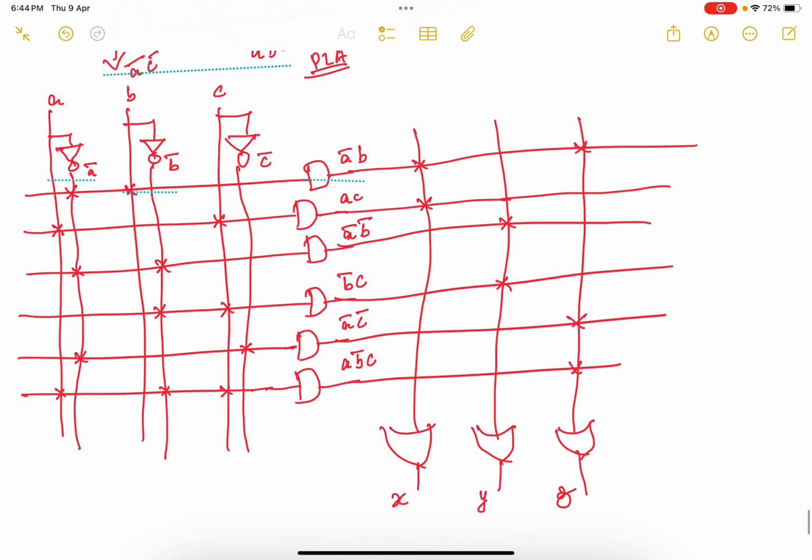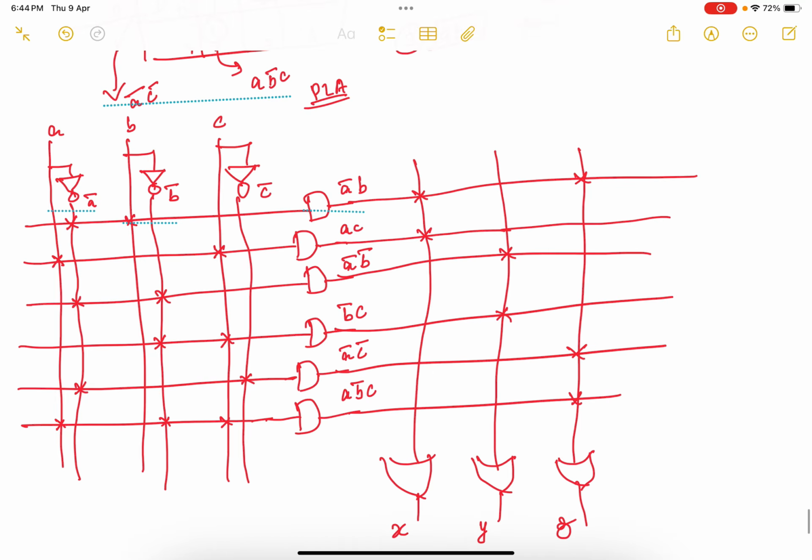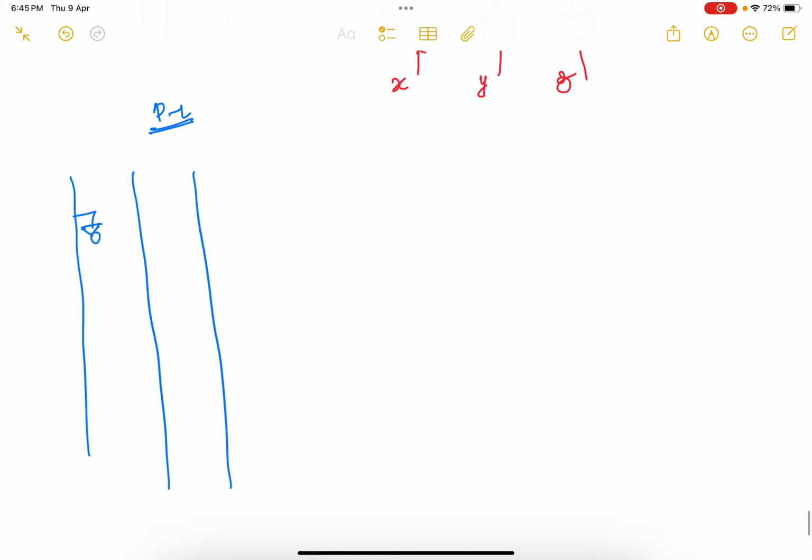So I will be replicating the same part for 3 variables, now with the PAL concept.